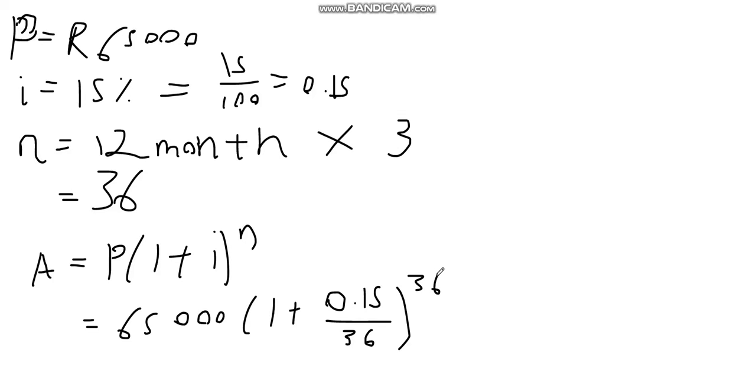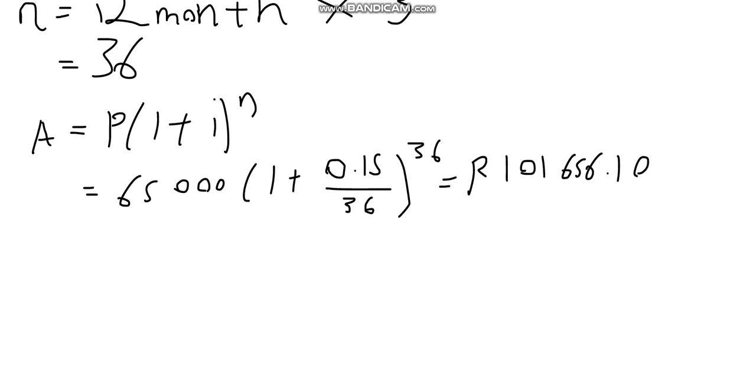So our duration is 36. We put everything in a calculator. Ultimately, if you punch everything, you get 101,656.10.